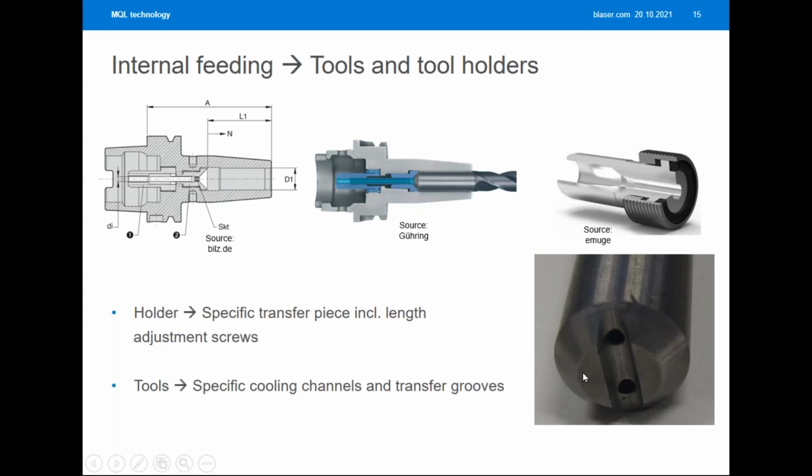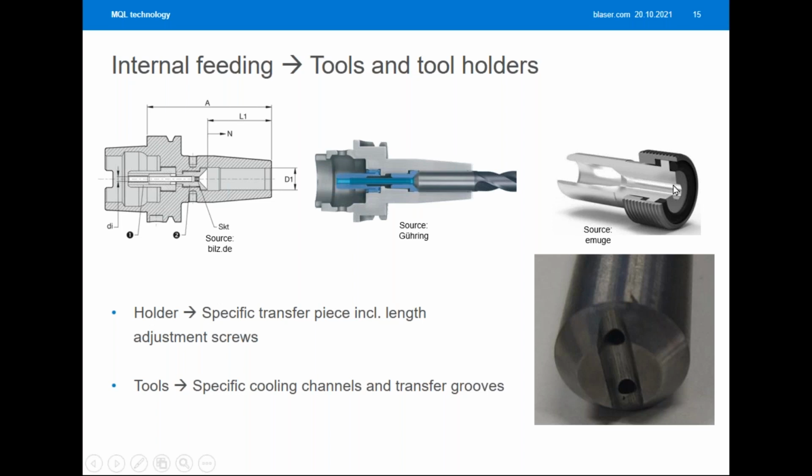And here you see one of our tools. We even had to regrind the tools to have the right shank dimension and everything, so that the aerosol only has the possibility to go through the cooling channels. So you have to seal everything here, so that the aerosol can only go through the supply unit, through the length adjustment screw, and into the cooling channels of the tool.